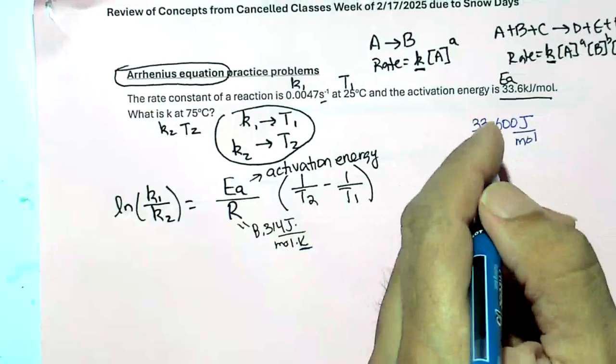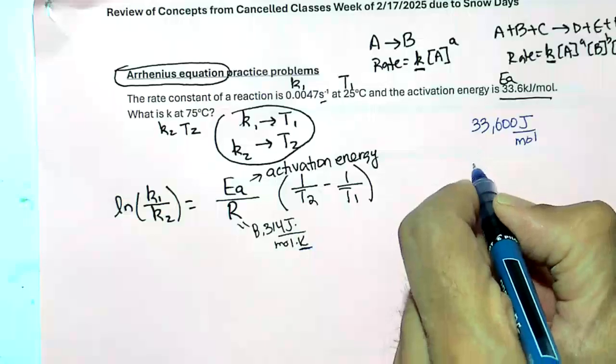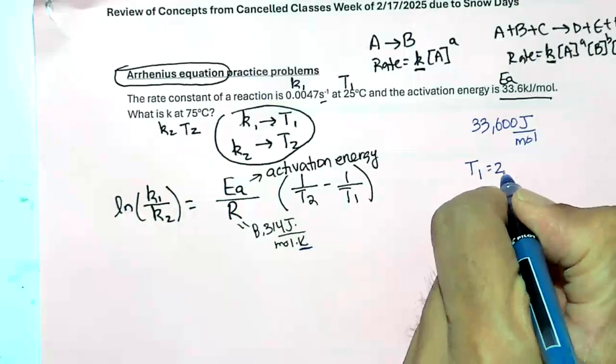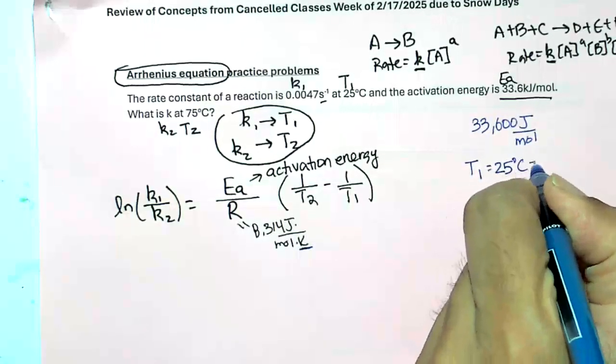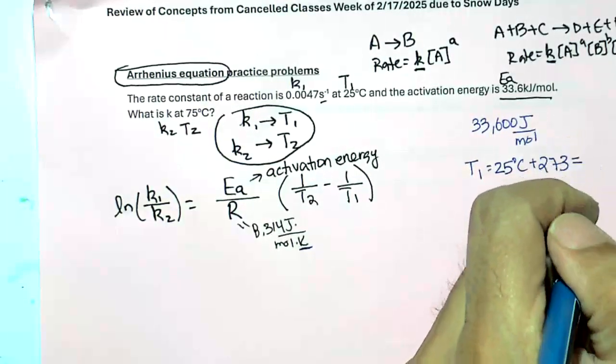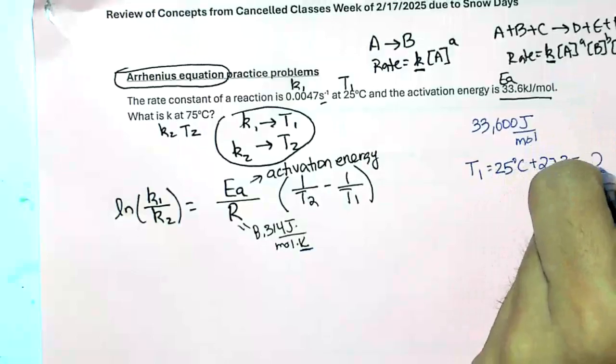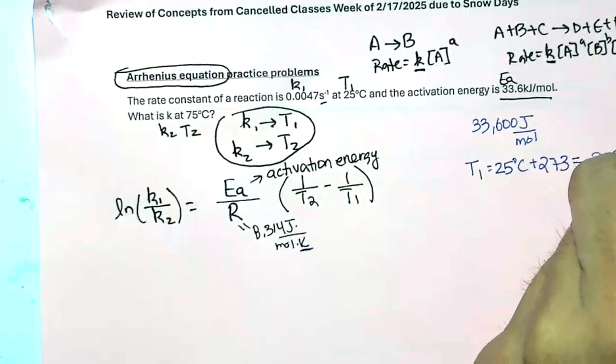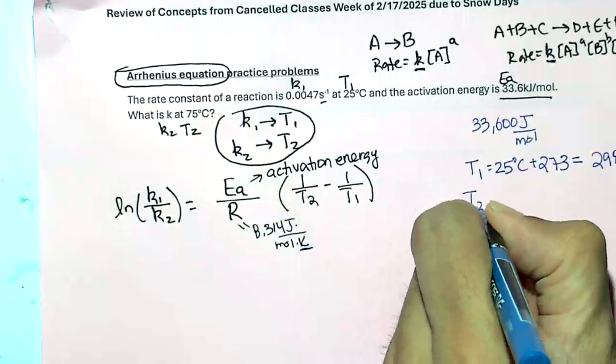These temperatures are in degrees C, so the next step would be to convert to Kelvin. How do you convert to Kelvin? We'll add 273. So what's 273 plus 25? That's 298 Kelvin.